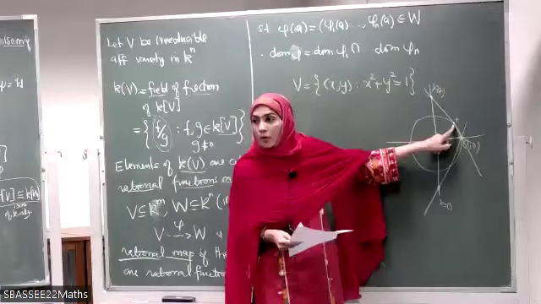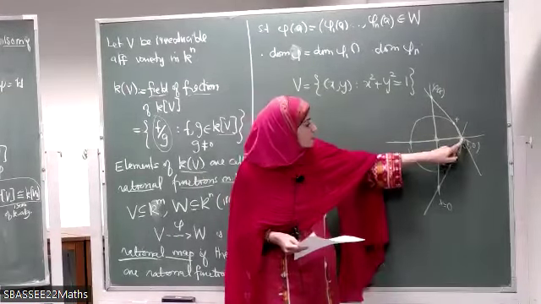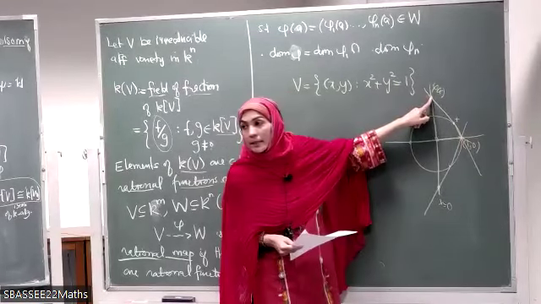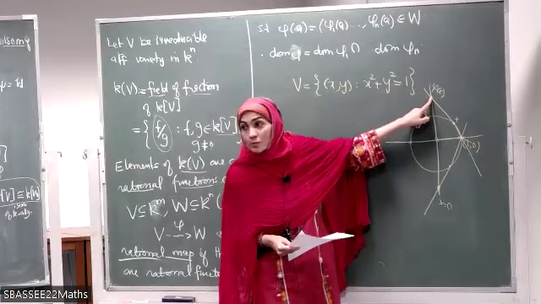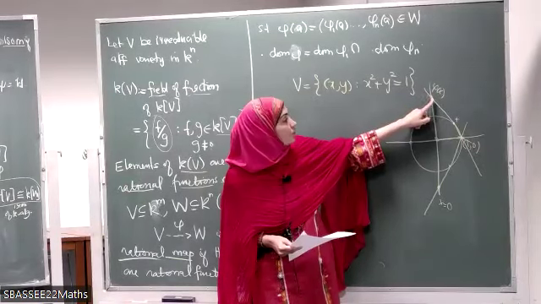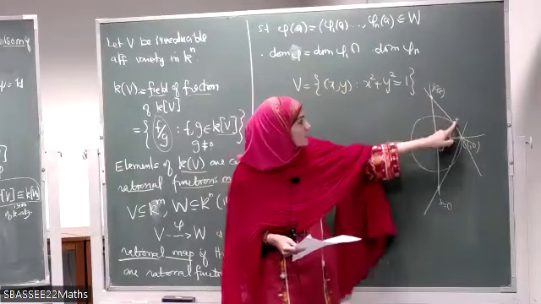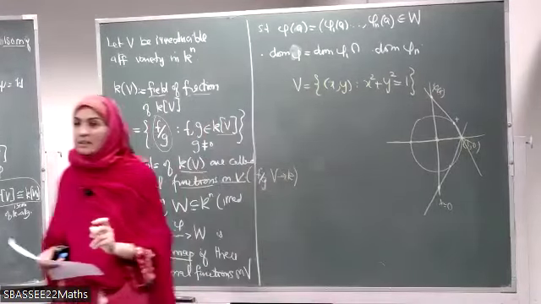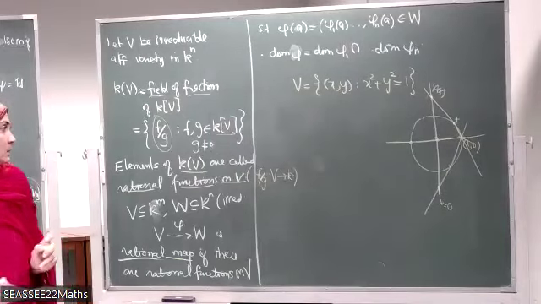You are taking a point on the circle and joining it with this fixed point. Just draw that line, and it will definitely cut the line x = 0. But this point depends upon x. Of course, that's why I have written phi of x. And this point should be different from (1, 0).